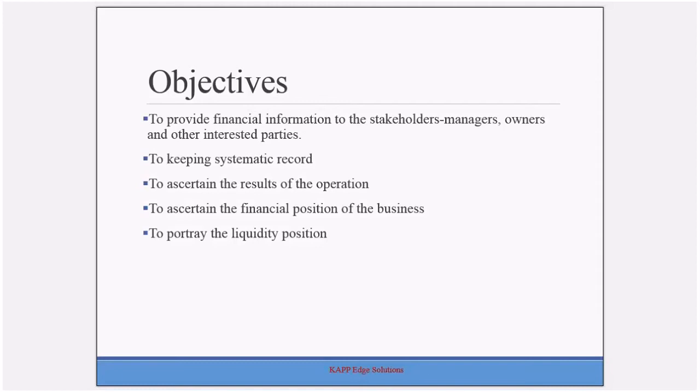So that is why it is very important to understand whether the company is having enough liquidity or not. That is again one of the objectives of accounting. Again, in a nutshell, it provides useful information to investors and all the stakeholders. That's the main objective of accounting.